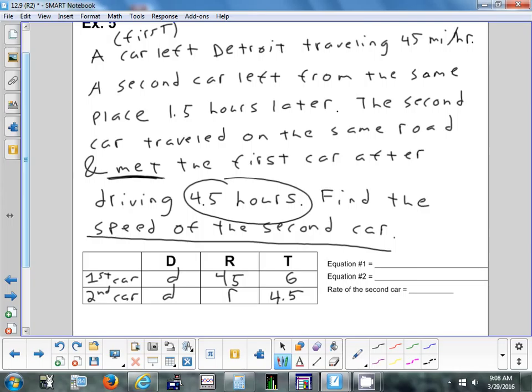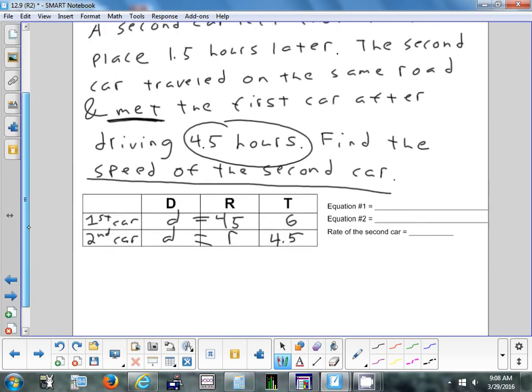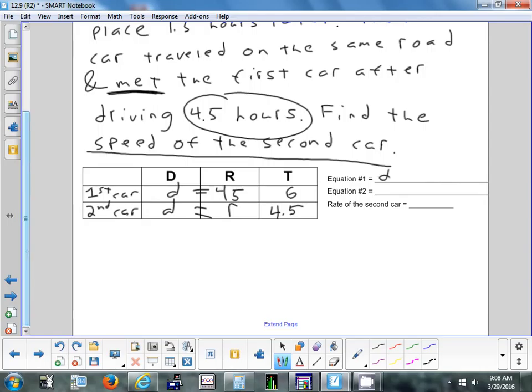Here's my equation. And now I'm going to solve it. And guys, we're giving you the time for both things. You just have to figure it out. Distance equals 45 times 6. And distance equals 4.5r.